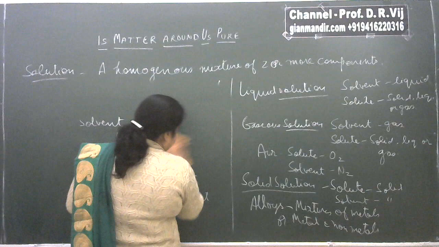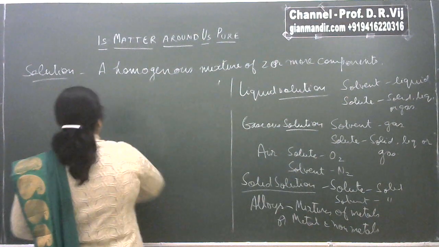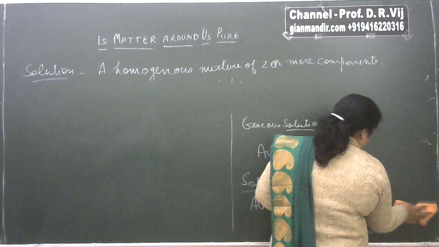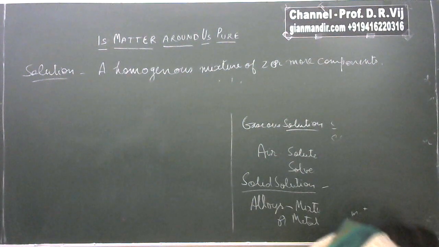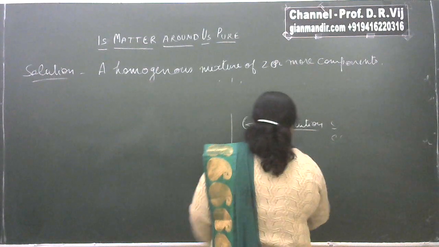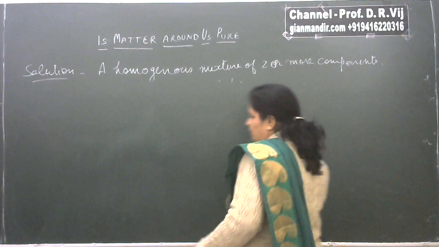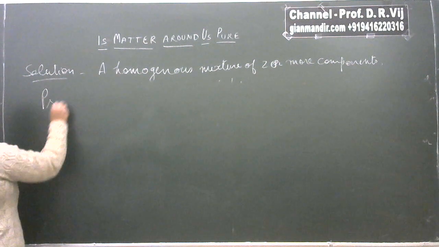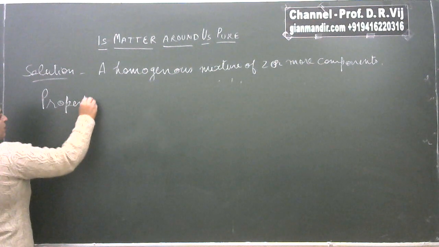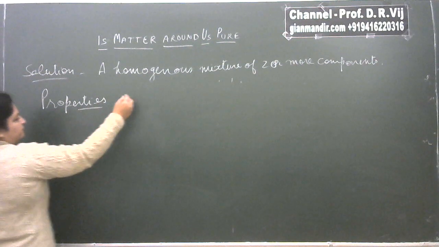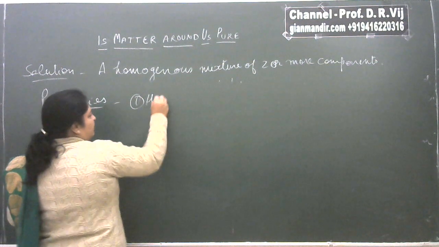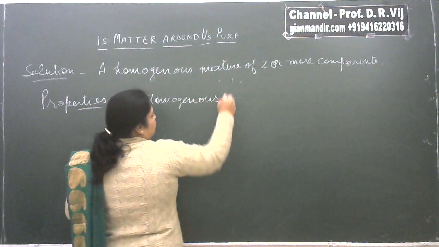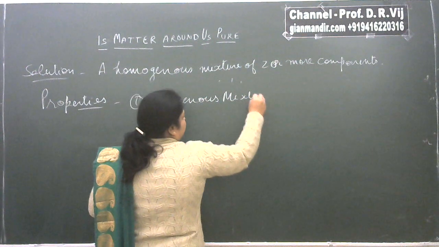So if we look at the properties of solutions, here are some important properties of solution. Of course, first of all, as we have already discussed, it is a homogeneous mixture, right?